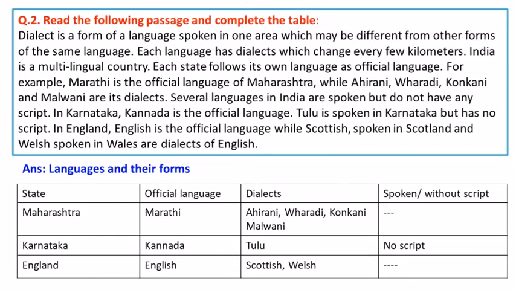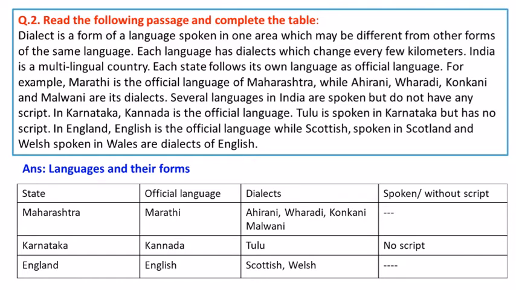In this paragraph you will find dialects, spoken or without-script languages, and official languages. Maharashtra, Karnataka and England are mentioned there. Maharashtra and Karnataka are from India and England is from another country.